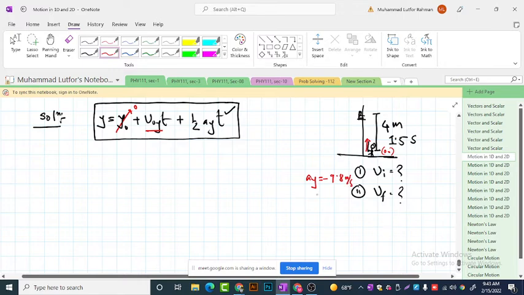Remember, this acceleration due to gravity will always be minus 9.8 meters per second squared, whether you move in the upward direction or the downward direction.